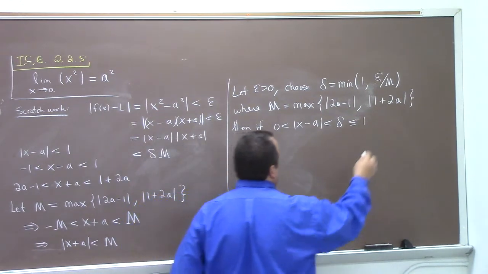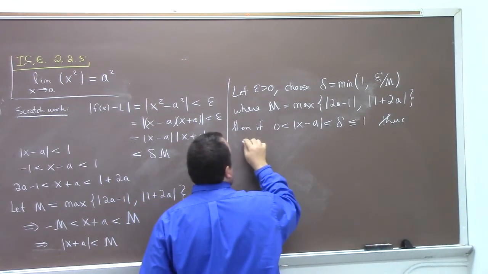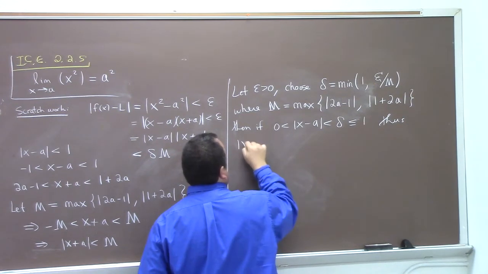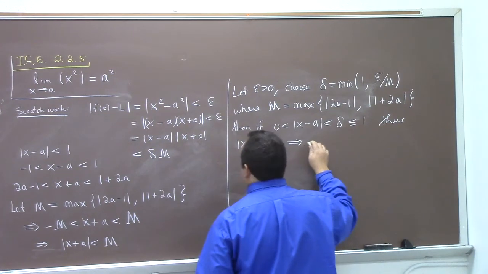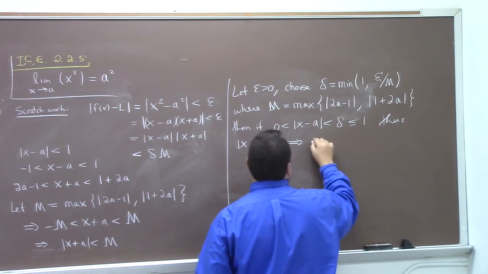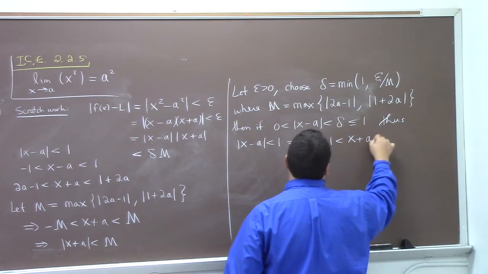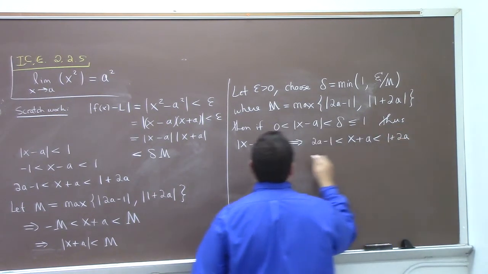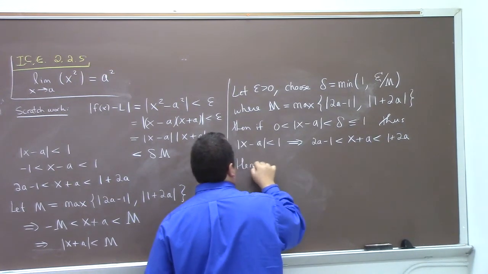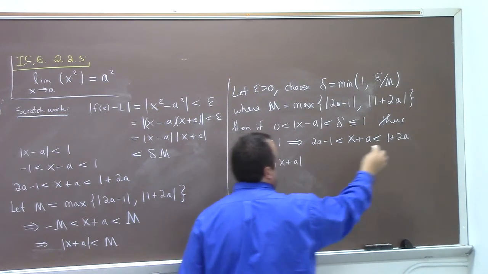Then thus, the absolute value of x minus a is less than 1, which implies that, of course, 2a minus 1 is less than x plus a is less than 1 plus 2a. Hence, the absolute value of x plus a, and of course this is less than m.